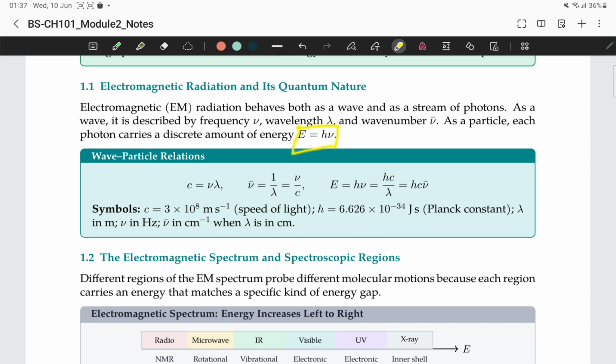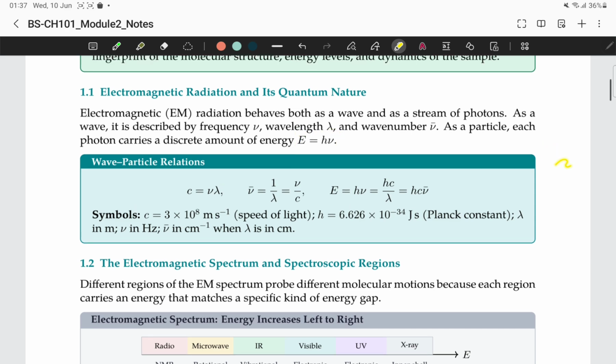Now come to the remembering part of the module. This is the important formula part because teachers love conversions. Through this you can expect a conversion question, where c, the speed of light, is equal to nu into lambda. Here wave number is equal to 1 by lambda, which is also nu by c.